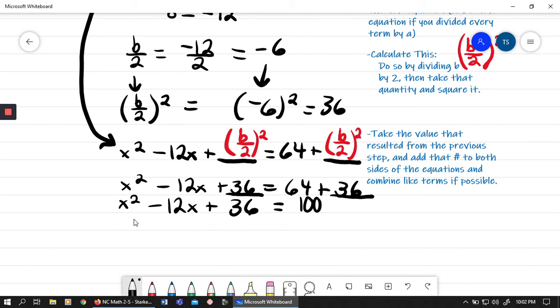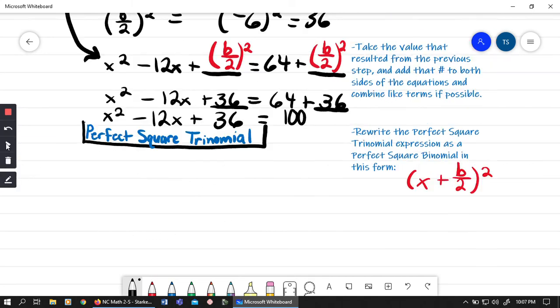And so now what we have on the left side of the equation is a perfect square trinomial. In this next step, we need to get this perfect square trinomial, x squared minus 12x plus 36, rewritten as a perfect square binomial. It needs to be written in this particular form: x plus b divided by 2, that quantity, squared.